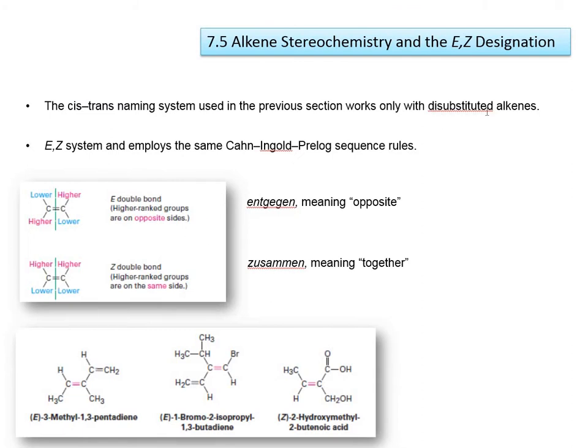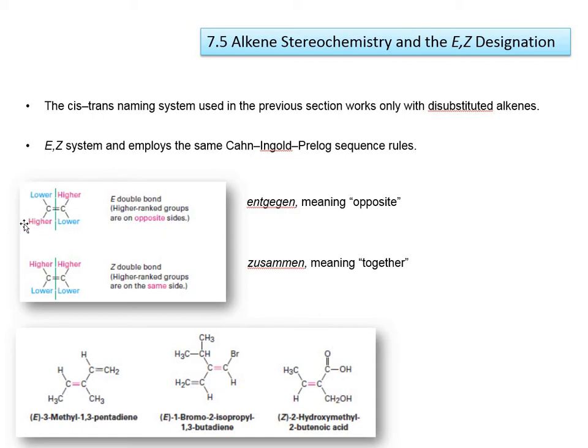You remember we have another designation for alkenes, E and Z. If cis or trans designation is not possible, when you have more than two substituents around the double bond, we look at the carbon-carbon double bond and the substituents, and based on the Cahn-Ingold-Prelog sequence rule, we assign higher priority and lower priority based on atomic numbers and bonding.